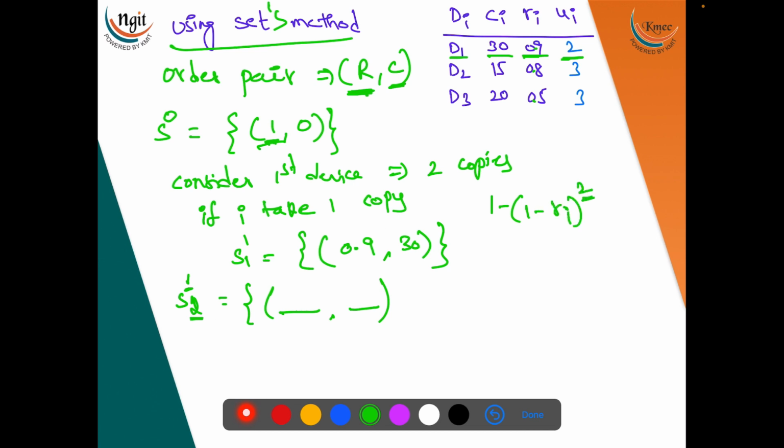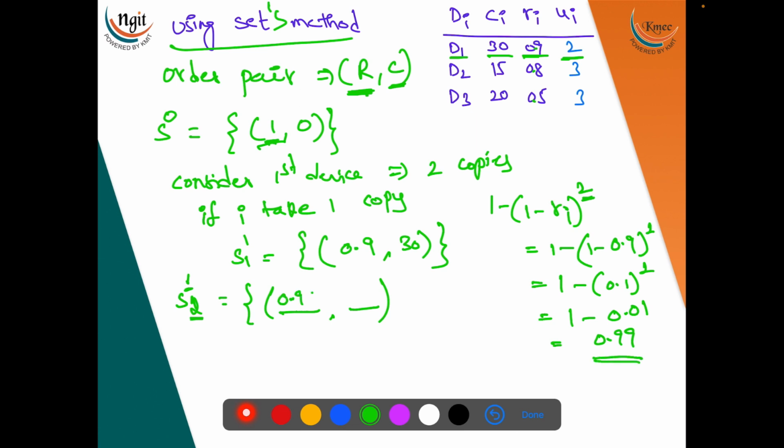This 2 represents that you are going to take 2 copies. So 1 minus (1 minus 0.9) whole square, 1 minus 0.1 whole square, 1 minus 0.01, you get 0.99. I am writing 0.99 here, and 2 copies means 30 plus 30, which is 60.